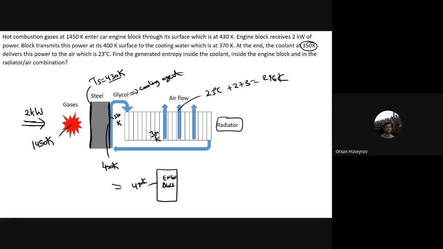It receives 2 kilowatts of heat, and then it delivers these 2 kilowatts of heat on its surface where you have 400 Kelvin. And then from this part, when the engine block ends, you will have the glycol part.